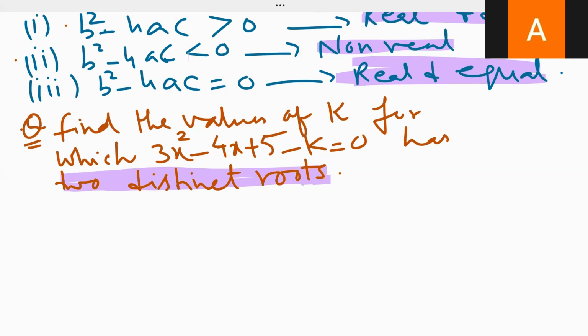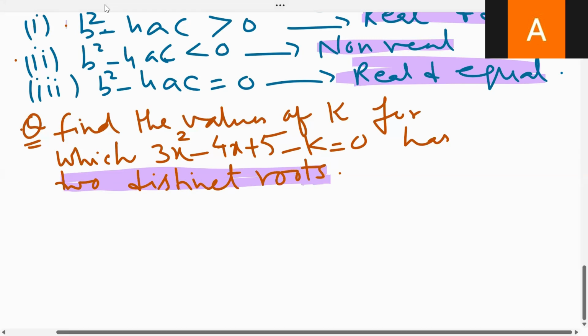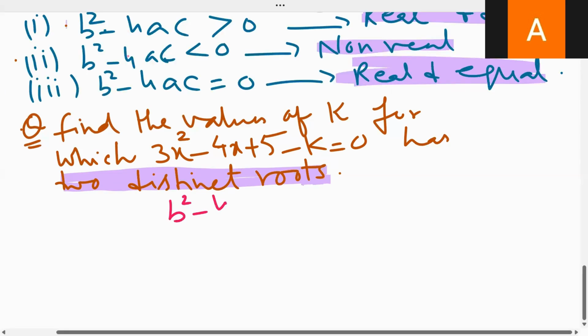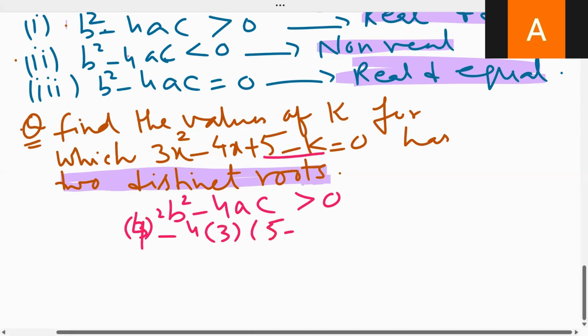So here you will apply the first condition. You will write b square minus 4ac is greater than 0. Now we place values. B is minus 4, a is 3, and c is this whole constant 5 minus k.